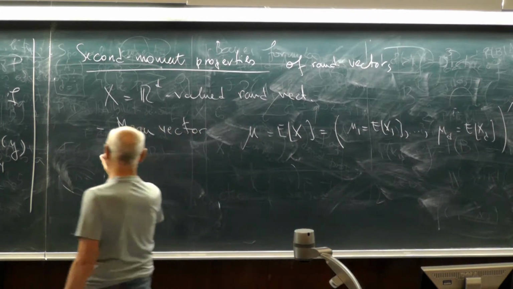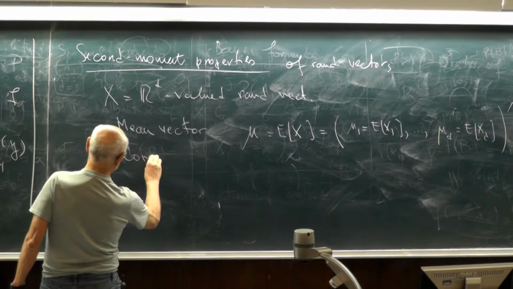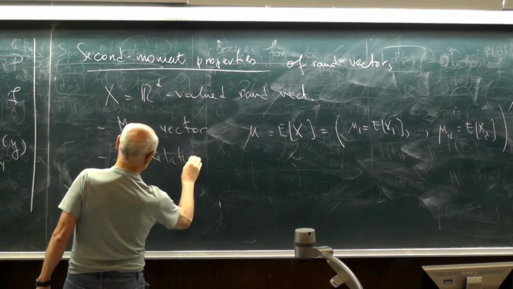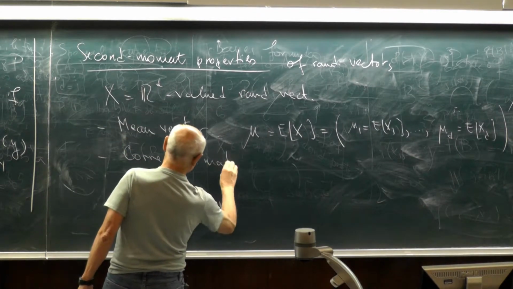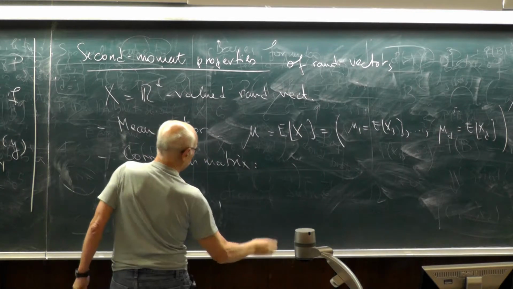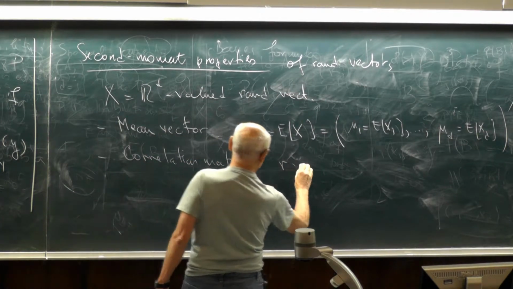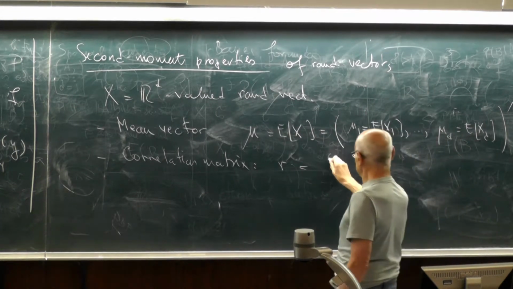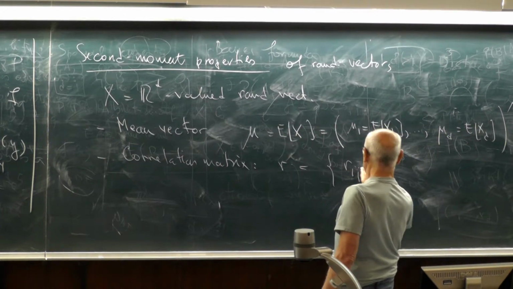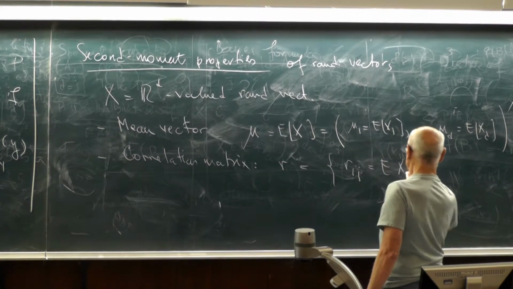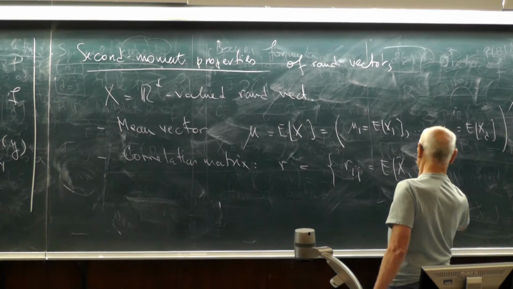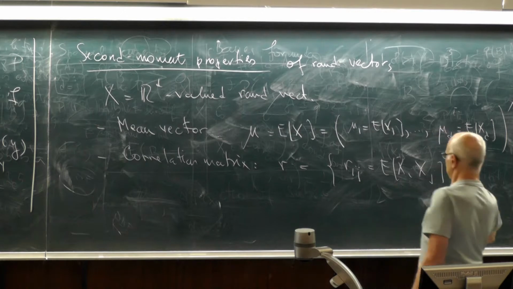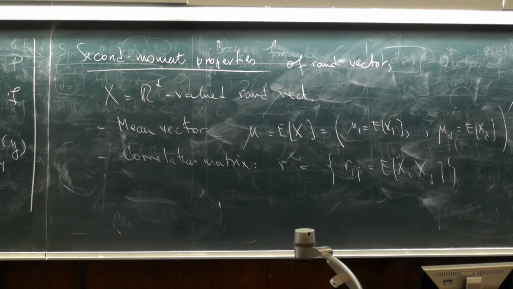Correlation matrix. Let's call it R. And it's the following matrix. R_ij is the expectation of the product. i and j are running from 1 to d.